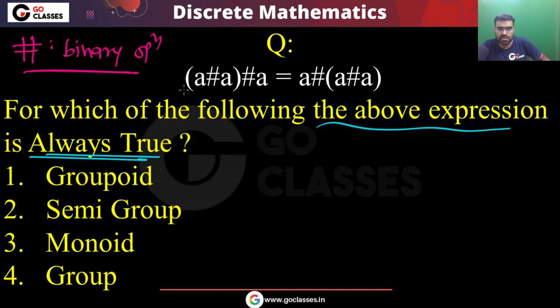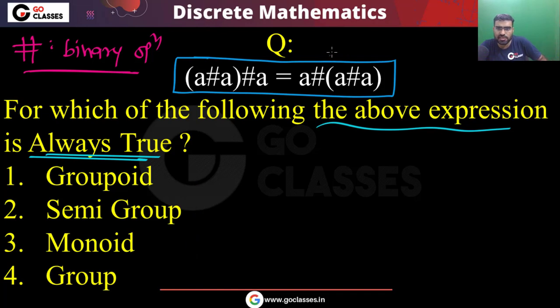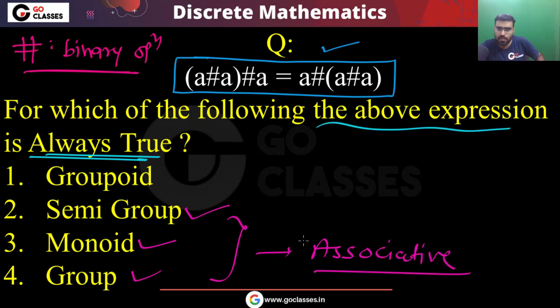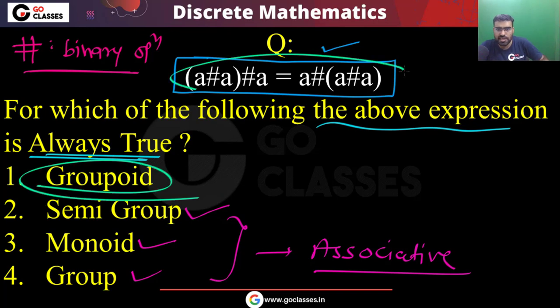You can see this is the associative property. The answer is these structures, because they are all associative. A groupoid may not be associative, so in a groupoid this expression may be false.